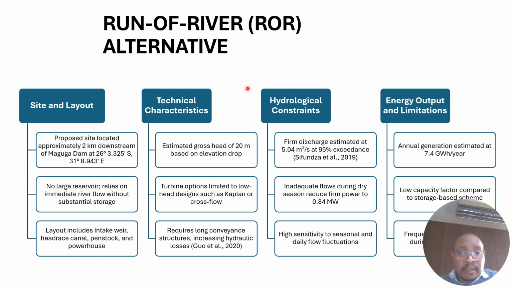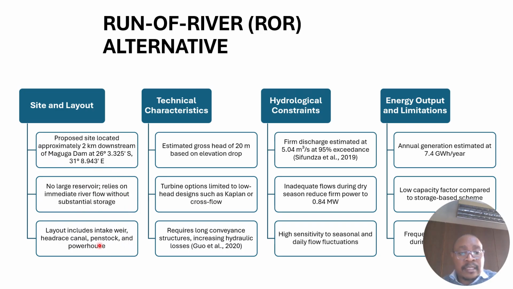Then in terms of the run-of-river alternative: the site location, the technical characteristics, the hydrological constraints, and the energy output. If we look at the site layout, it's a proposed site located approximately 2 kilometers downstream, with no large reservoirs.